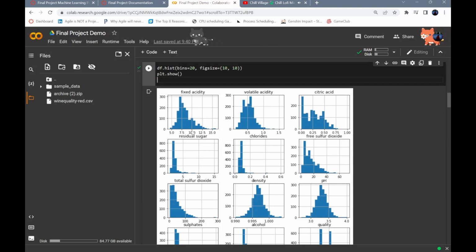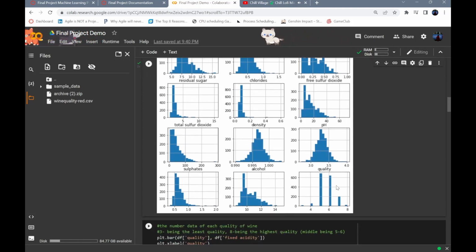Now our fixed acidity at 7.5 or 7.3, we have the 300 count, but at 15.0, we have very few. So at that measure of acidity, we have the highest. Our volatile acidity, we have 0.75 probably, or 0.65 at the highest.